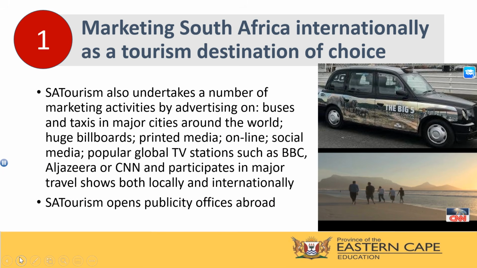Another strategy that SATourism undertakes is advertising on various platforms that can be seen and are extremely visible. For example, buses and taxis in major cities around the world, and I'd just like to draw your attention to the London taxi on the top right hand side of your screen, where you will see that was a campaign by SATourism.